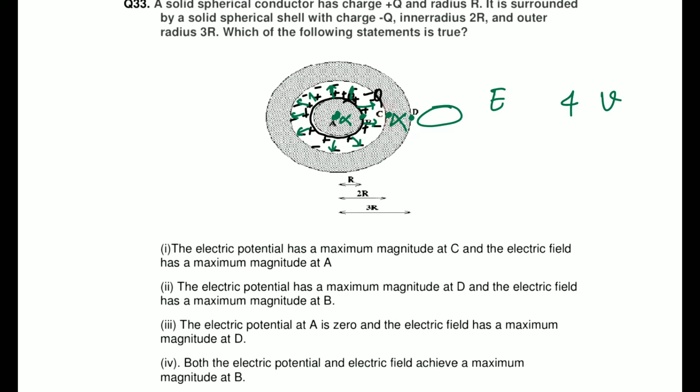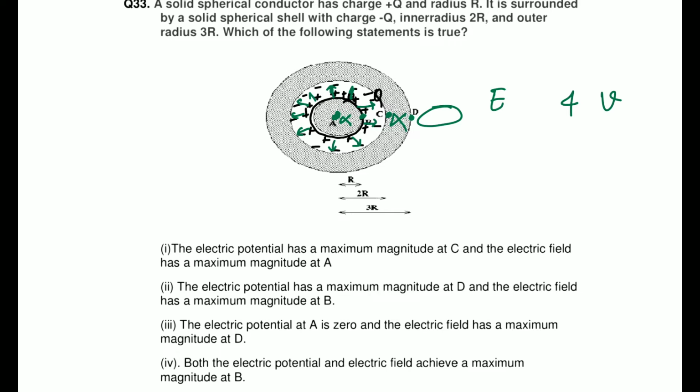C will also have electric field, but it will not be maximum. It will definitely have some value, but not the maximum value. And at D you will not have electric field. Outside there is no electric field, because there is no charge. You have to have charge for the electric field. So B point will have the maximum electric field.